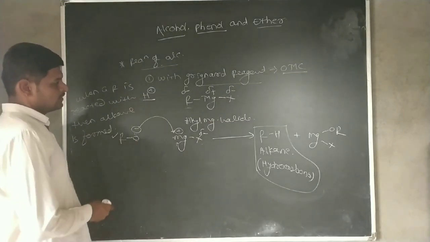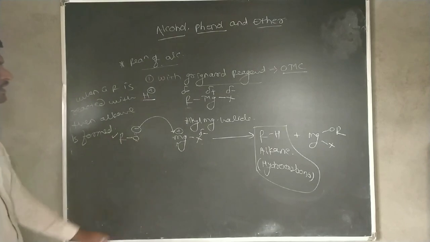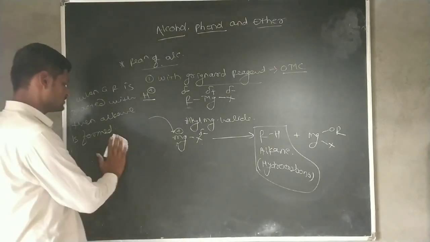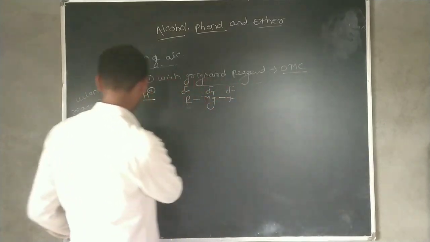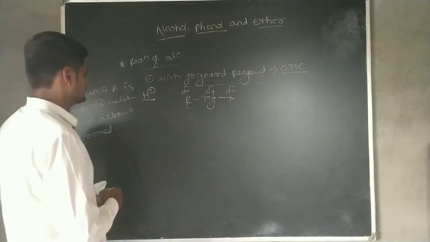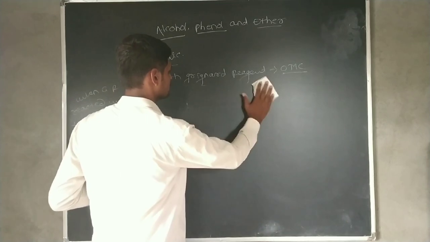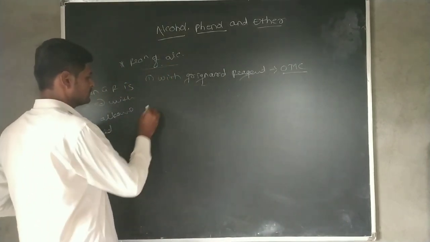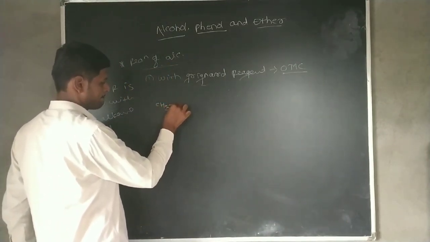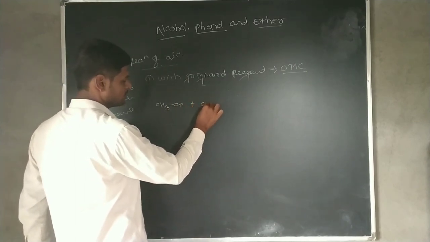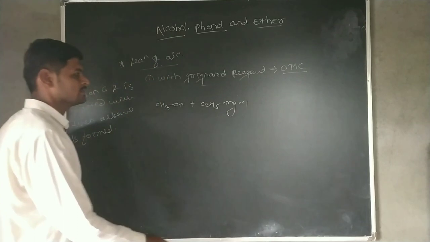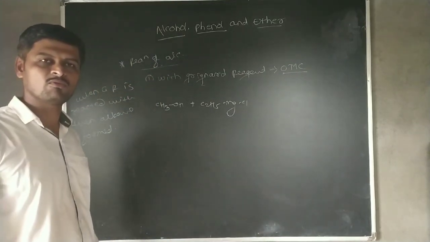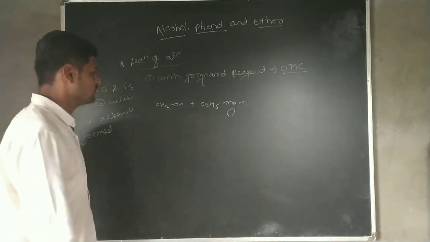For better understanding of this Grignard reagent and alcohol reaction, we can take some examples. The first example we take here: when ethanol is reacted with C2H5MgCl, the halogen X can be replaced by chlorine, bromine, any halogen.